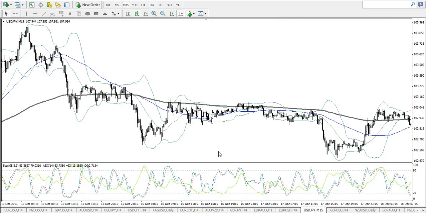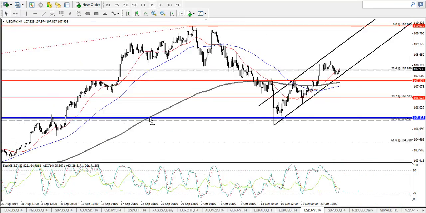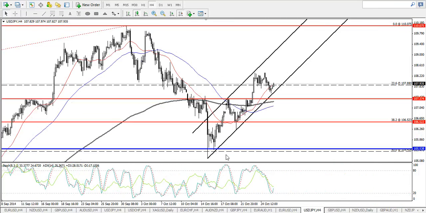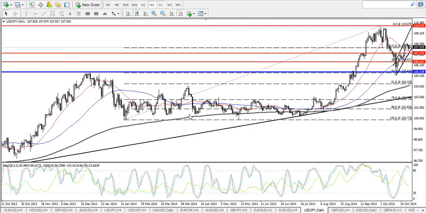Next, we shall take a look at the dollar against the yen. Alright, so what's happening right now is that, again, price has rebounded from the exhaustion level of 105.53, which is also a previous high back in December 2013.